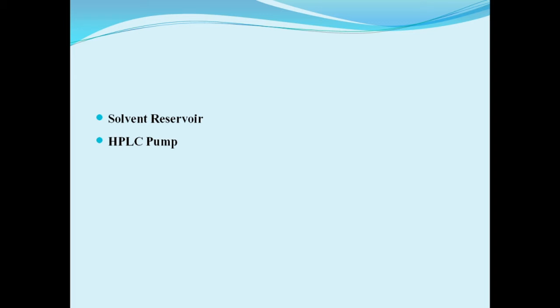The next important part of HPLC instrumentation is the HPLC pump. The HPLC pump is a very important component of the system. The pump delivers a constant flow of the mobile phase or phases so that the separation of the components of the mixture occurs in a reasonable time.